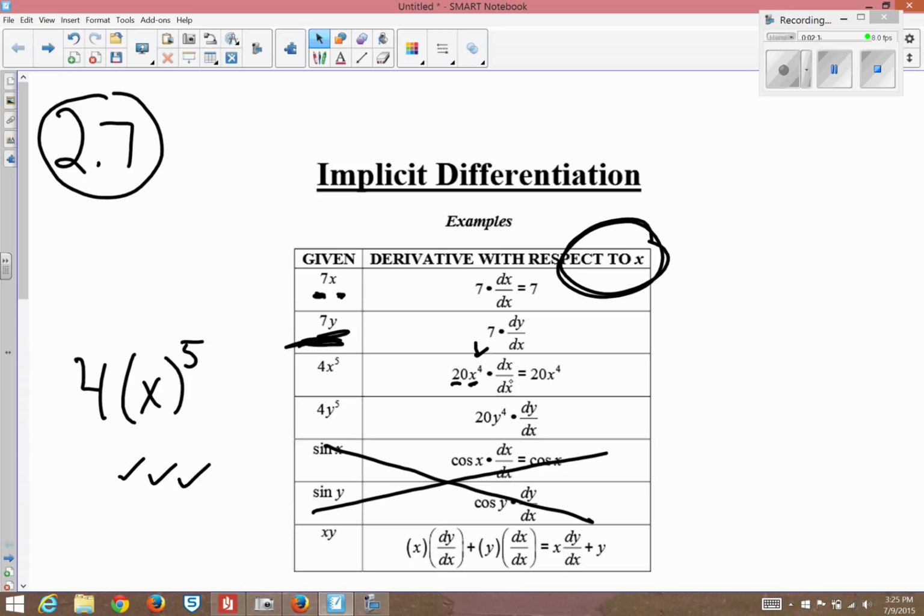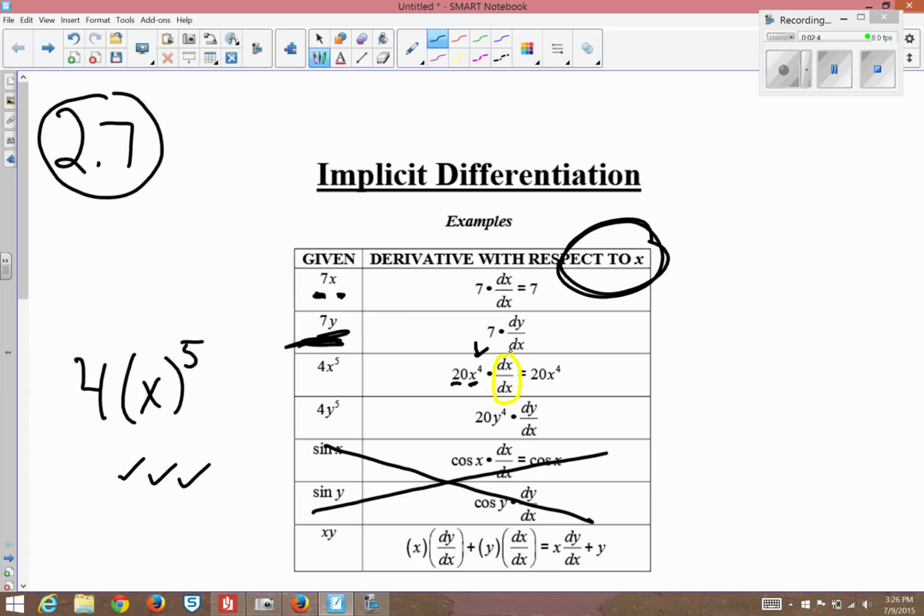But we also multiply by the derivative of what is in the parentheses, right here. Inside these parentheses is x, and the derivative of x with respect to x is actually 1, dx over dx, in the yellow. So the derivative of 4x to the 5th really is 20x to the 4th.